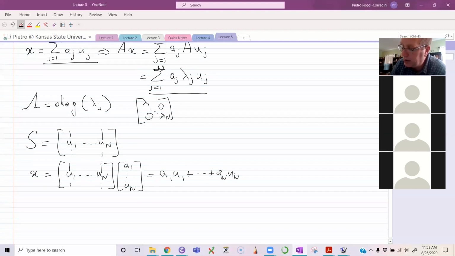In other words, x is S times the coordinates of x in the basis B. And because we have a basis, S is invertible.